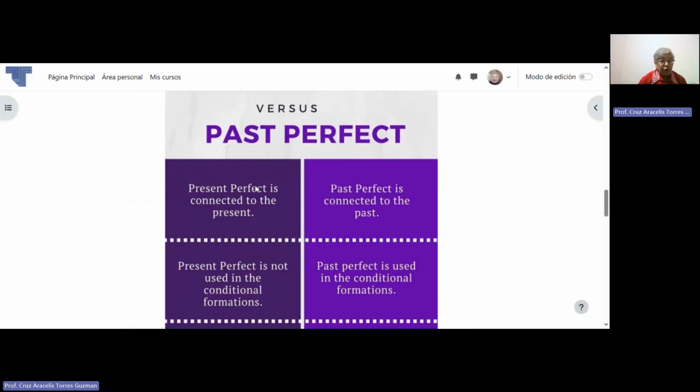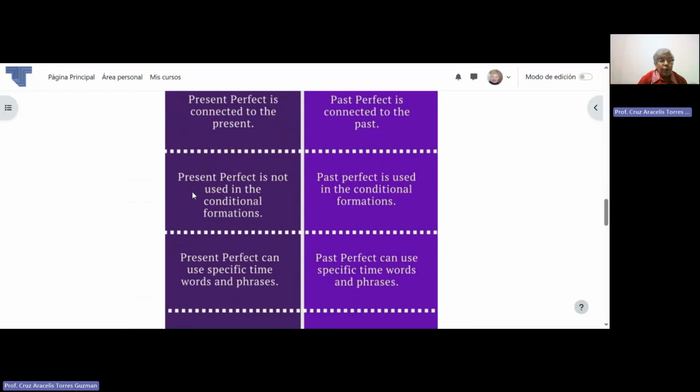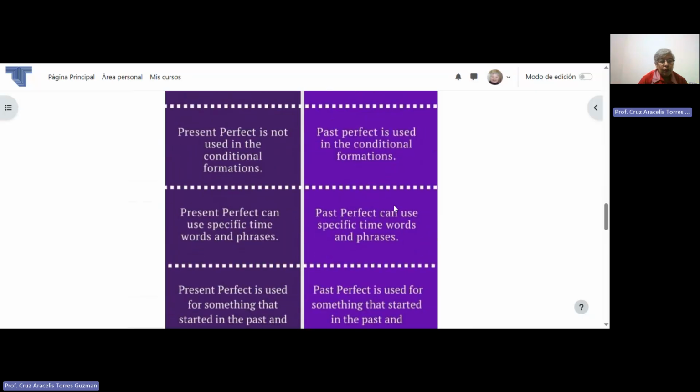So you can see the difference and the similarities. The present perfect is connected to the present, and the past perfect is connected to the past. Present perfect is not used in conditional formation. Past perfect is used in the conditional formations.